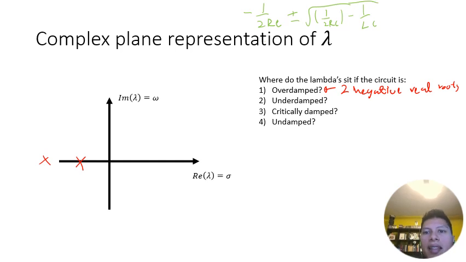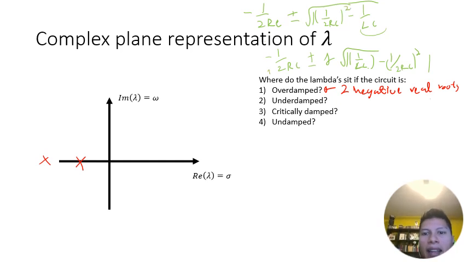Now, if we assume that this is complex, so basically that LC is bigger, we're going to have negative 1 over 2RC plus minus j, the square root of 1 over LC minus (1 over 2RC) squared. This should be a square here.